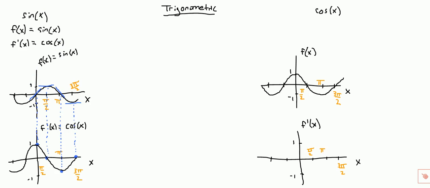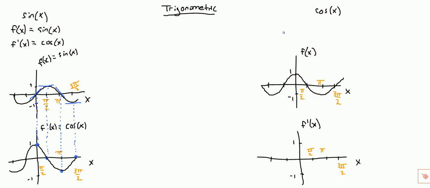Think about the function up here, think about what the slope is, and then that's the value you get on the graph below. Slope of 1, below on the graph you get 1. Slope of 0 here, you get a function value of 0 here. Okay, so the derivative of sine is cosine.